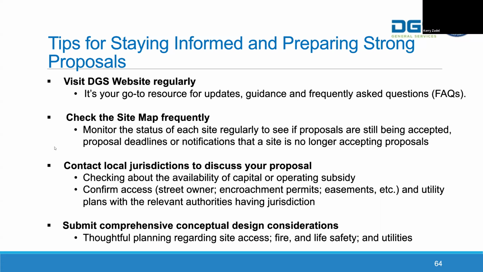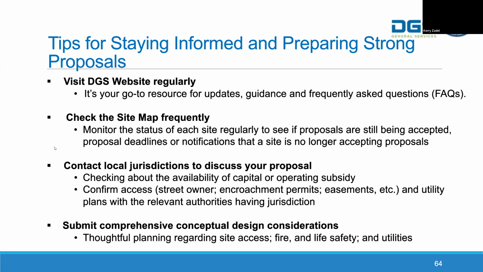And we really want to stress how important it is to contact the local jurisdictions to discuss your proposal. Check about the availability of capital or operating subsidies by local jurisdictions, and also confirm access to the state-owned site.